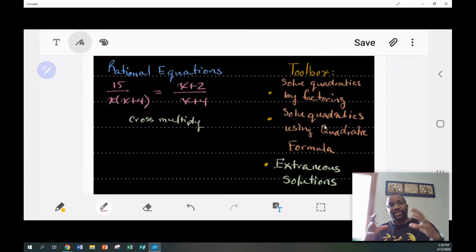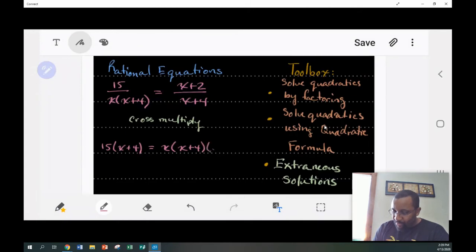I just want you to smash it together for right now. So you're going to end up with kind of a long problem, but 15 times x plus 4. Notice I didn't actually multiply it right now. And then on the other side, you're going to have x times the x plus 4, and then times the x plus 2.